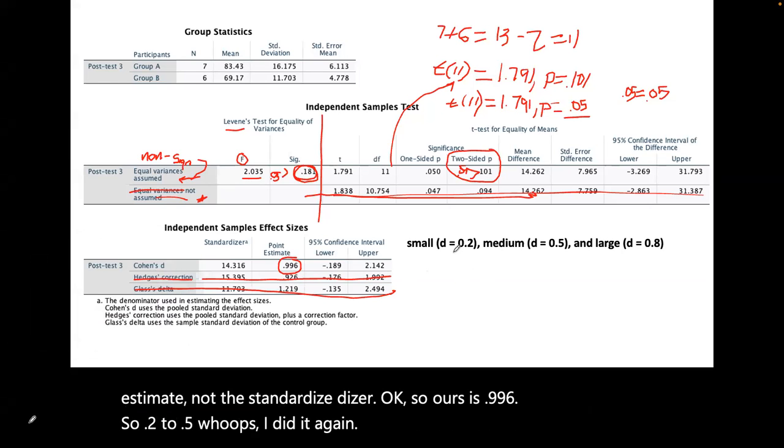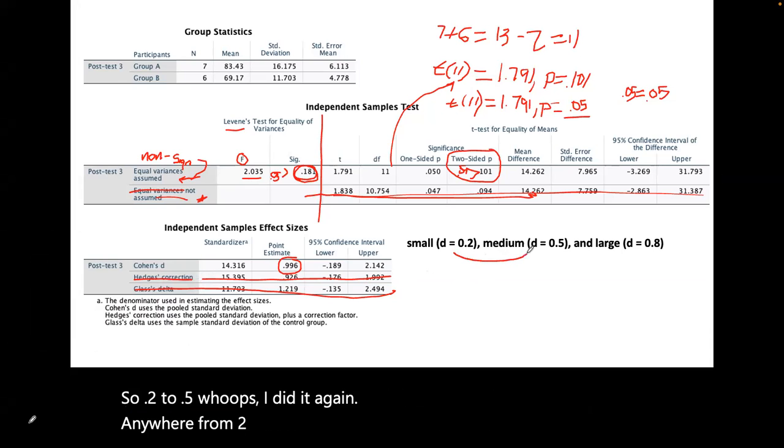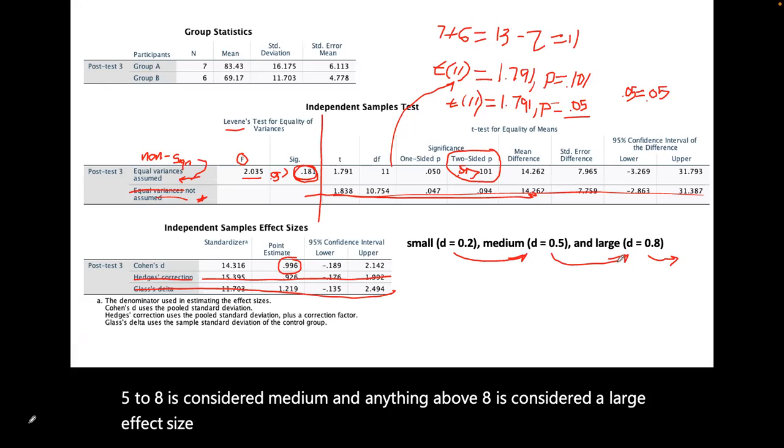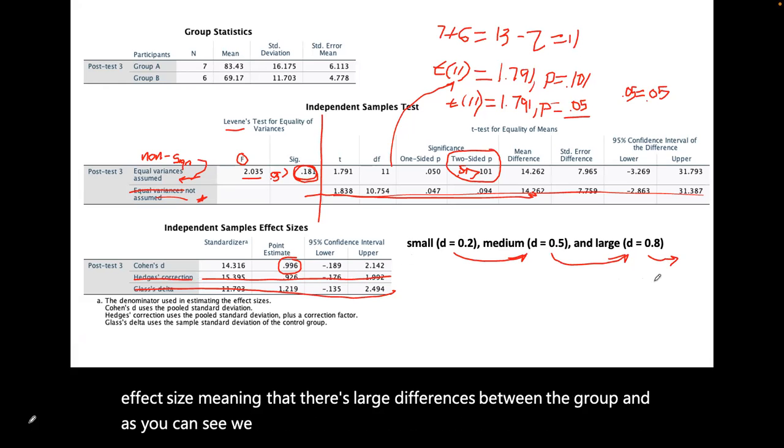Anywhere from 0.2 to 0.5 is considered small. 0.5 to 0.8 is considered medium, and anything above 0.8 is considered a large effect size, meaning that there's large differences between the groups.